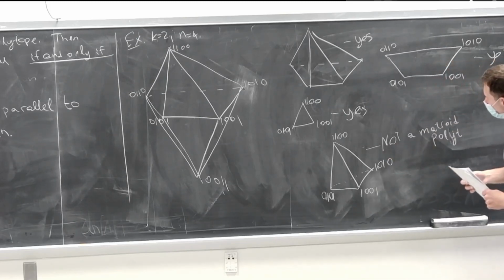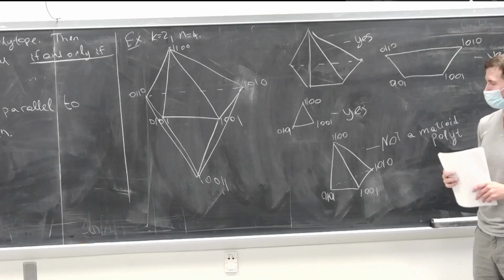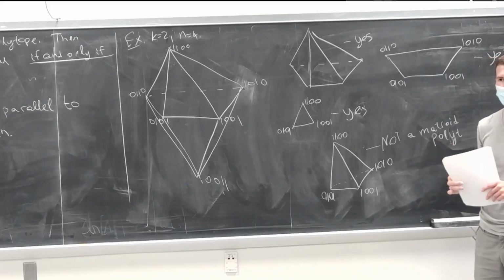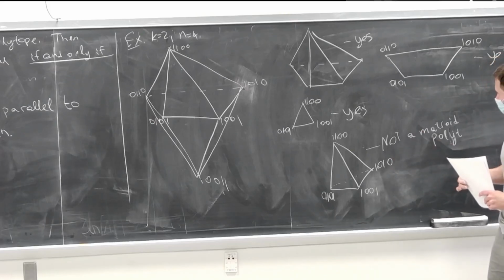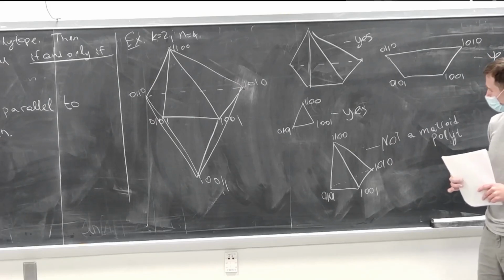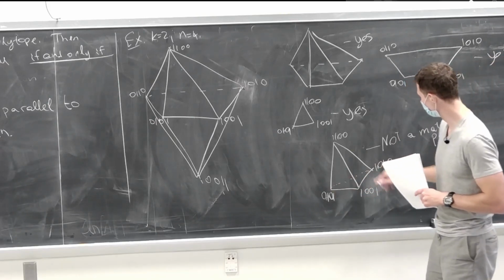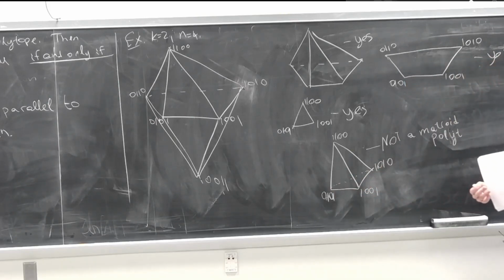Do you see any two bases which violate the exchange axiom? Okay, so these two violate the exchange axiom. Why? Is that easy to see?